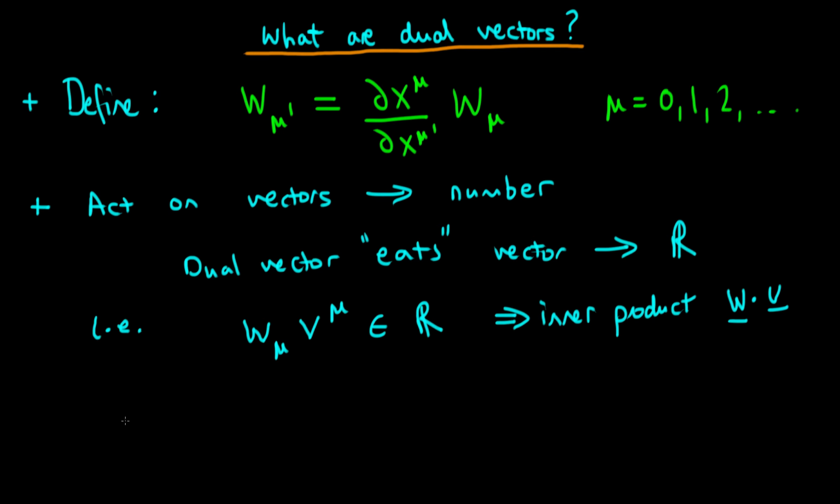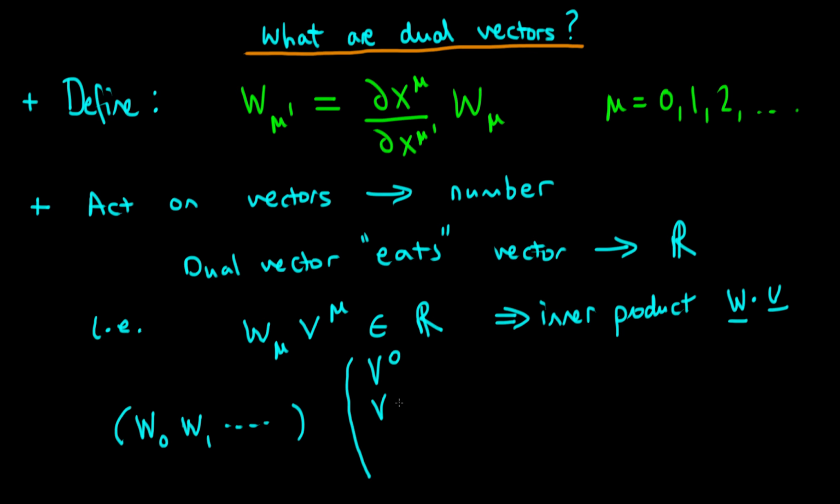So what does it suggest? Well, it suggests that we could represent the components of a dual vector in a row vector, so that's w0, w1, w2, etc. And then we could represent the components of a vector in a column vector.